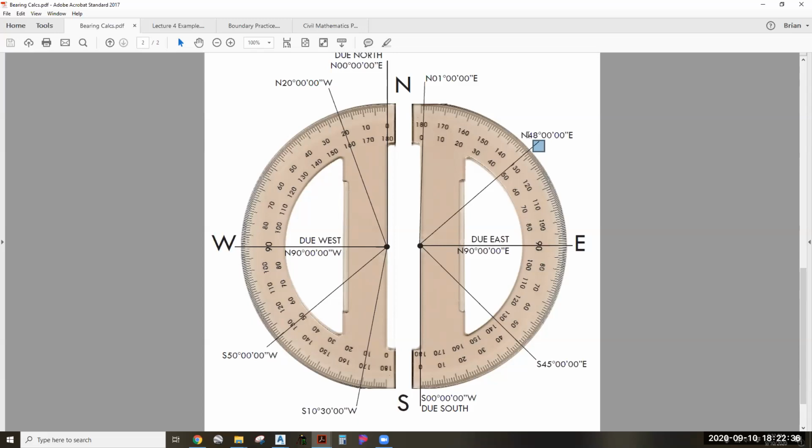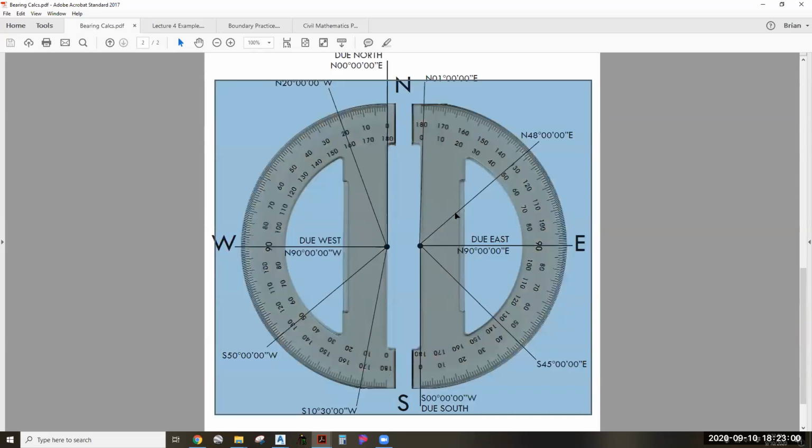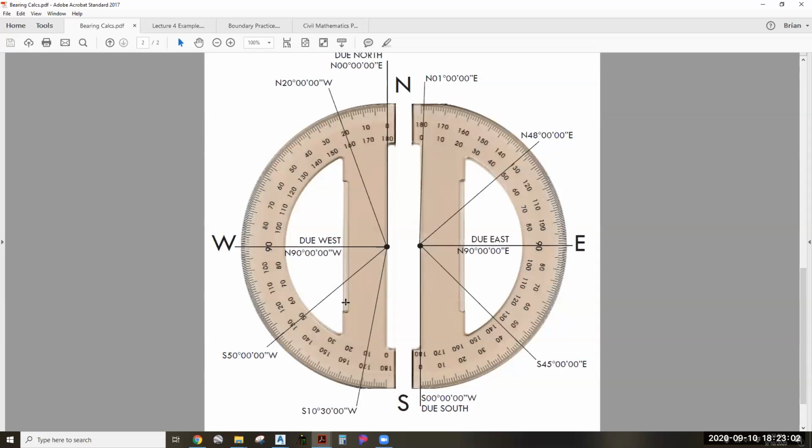So a north 48 degrees, 0 minutes, 0 seconds east is equal to south 48 degrees, 0 minutes, 0 seconds west. You just flip the N to an S and the E to a W. Because if I took that line and moved it over here, it would come to the 48.